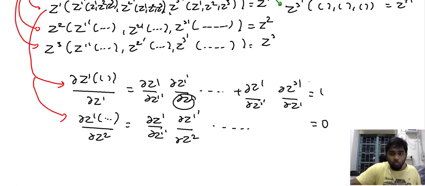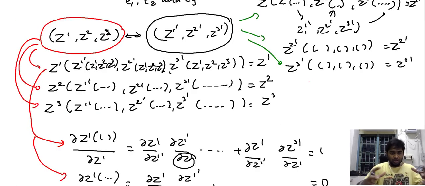So essentially what we end up having is, to claim that two coordinate systems are inverse of each other, we need to consider such nasty, rather complicated expressions for representing these inverse relations and their partial derivatives.